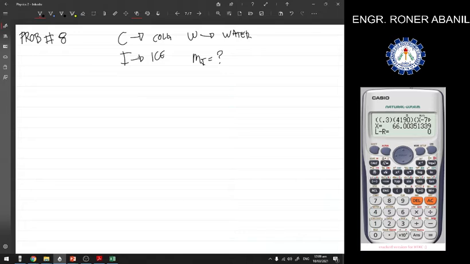So, dito, gamitin natin yung formula na Q is equal to MCΔT.